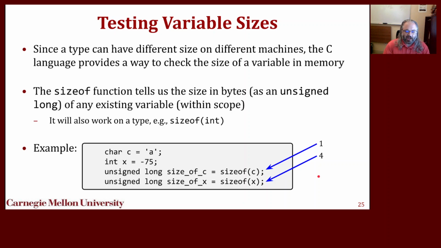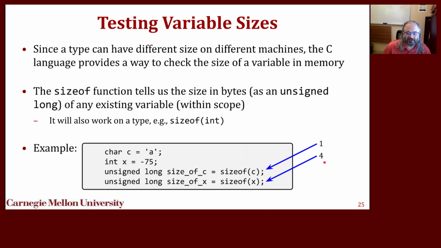So let's look. I mentioned earlier that we can do a little bit of exploration within a system, since different variable types use different amounts of memory on different systems. C actually includes a function to tell us the size in bytes of an existing variable or of an existing type. So there is an operator in C called the sizeof operator, and this looks like a function.